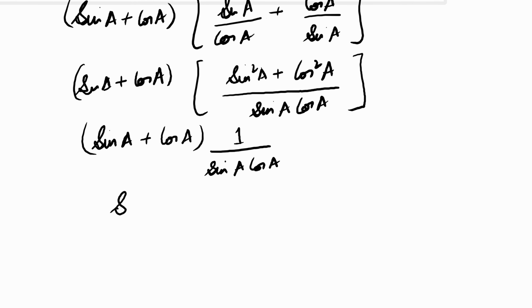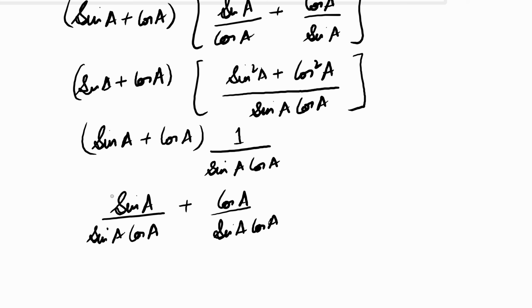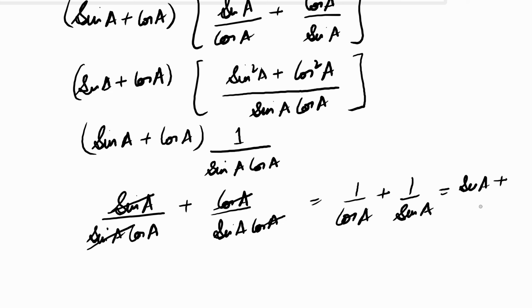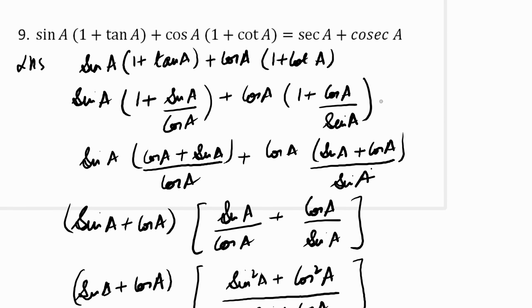We will multiply it: sin A upon sin A cos A + cos A upon sin A cos A. Sin and sin will cancel, cos and cos will cancel over here. It will become 1 upon cos A + 1 upon sin A. So we will be left with sec A + cosec A. That is the required right hand side, sec A + cosec A. Okay, students.